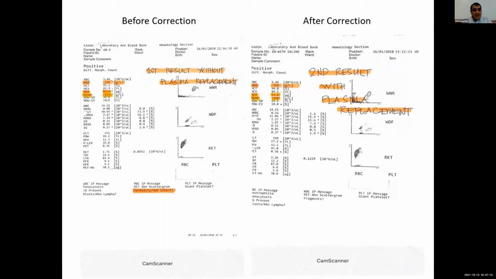MCHC specifically is dramatically decreased from 523 down to 348. So here, when the MCHC is decreased below 360 gram per liter, by this we achieved a complete correction of the hemoglobin turbidity, and these results should be reported.